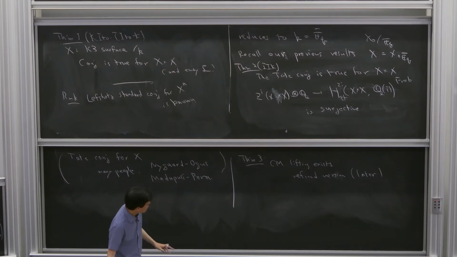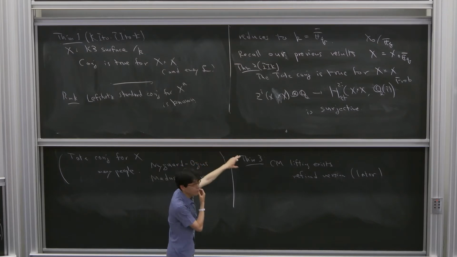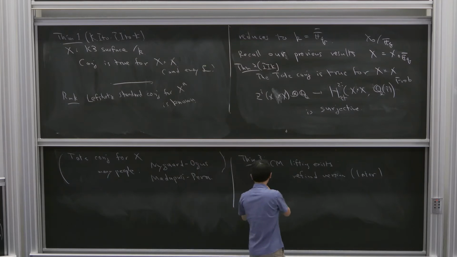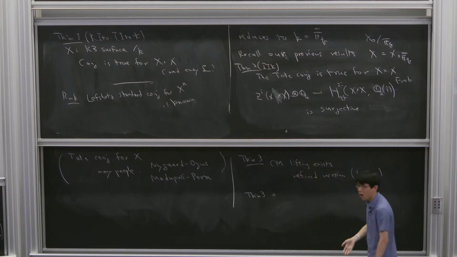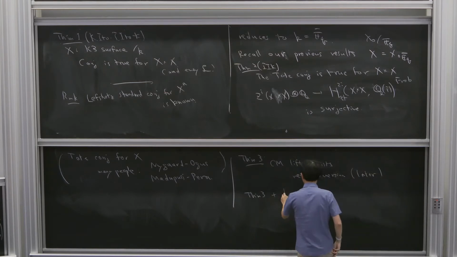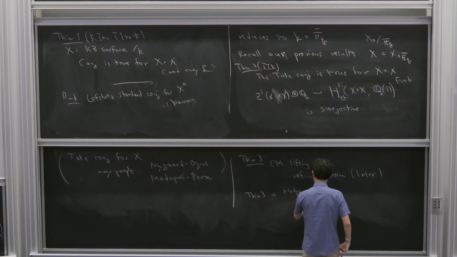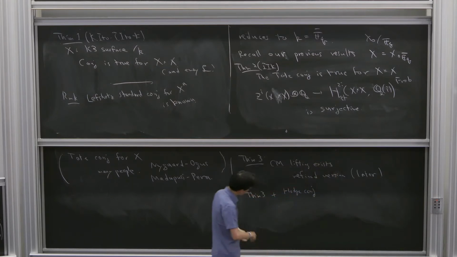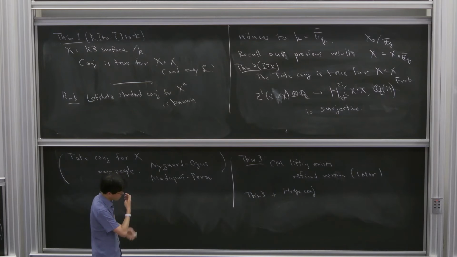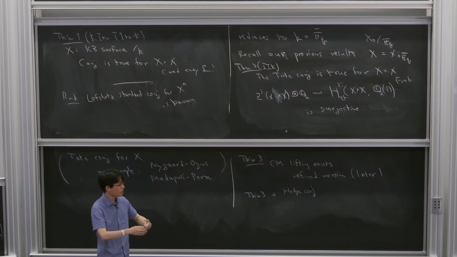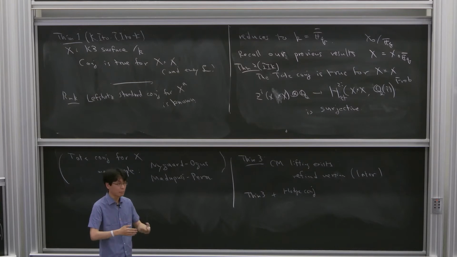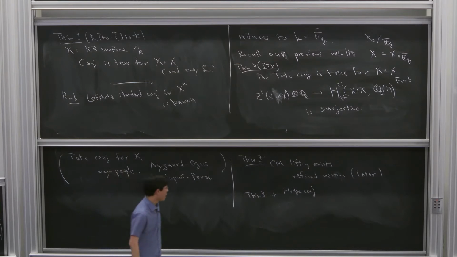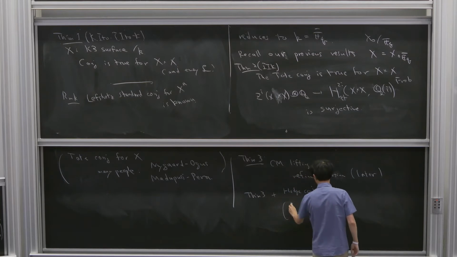So let me briefly explain how to deduce theorem 2 from theorem 3. Well, there is a result on the Hodge conjecture in this context. If you have any Hodge isometry of K3 surfaces over the complex numbers, then your Hodge isometry is algebraic. That's a theorem of Mukai.